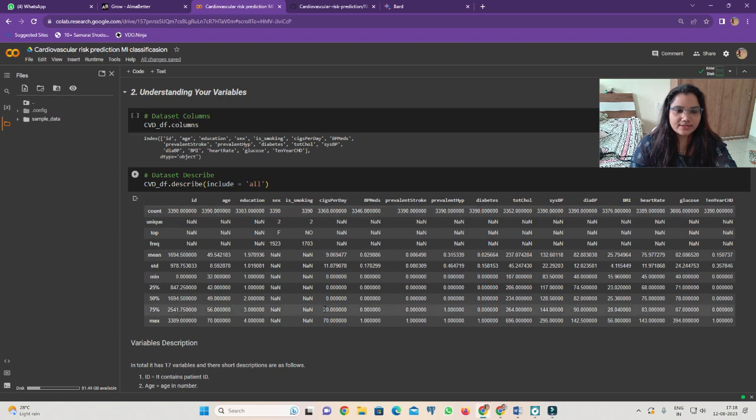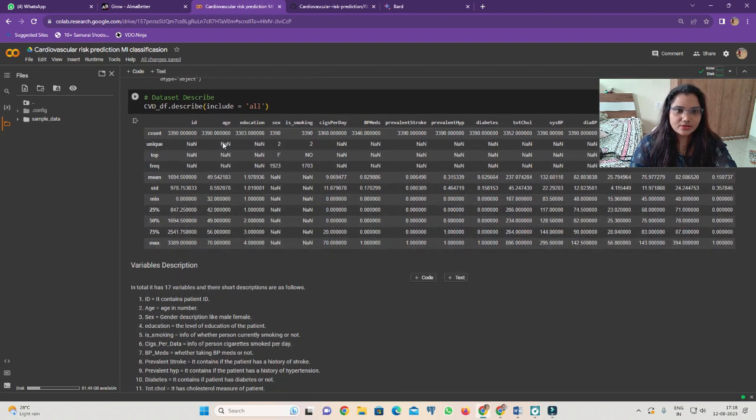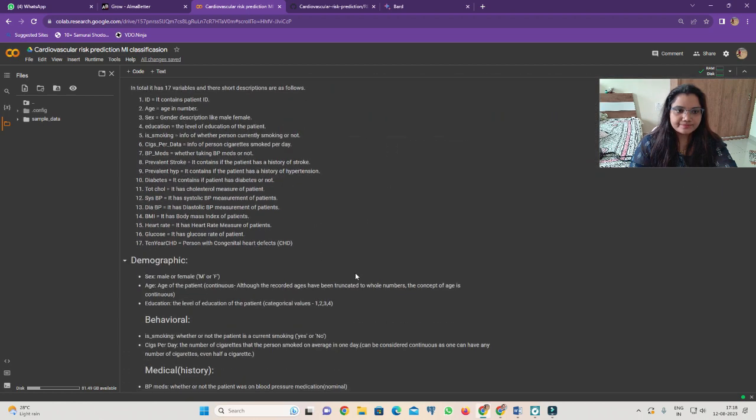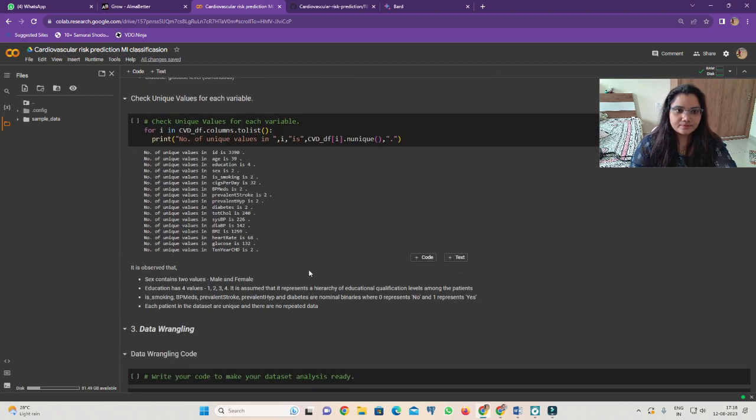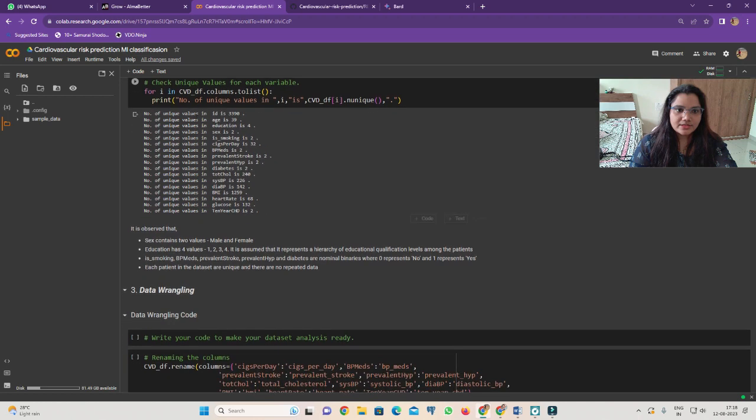Here we understand the variables, like all the columns, and the description of our data. Here we check for the unique values. We can see that sex contains 2 values, male and female. The education has 4 values, 1, 2, 3, 4, which assumes that it represents the education qualification level among the patients.